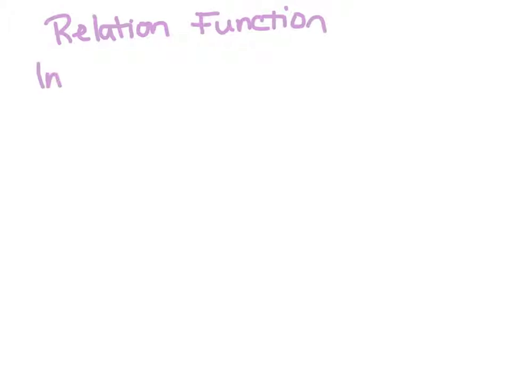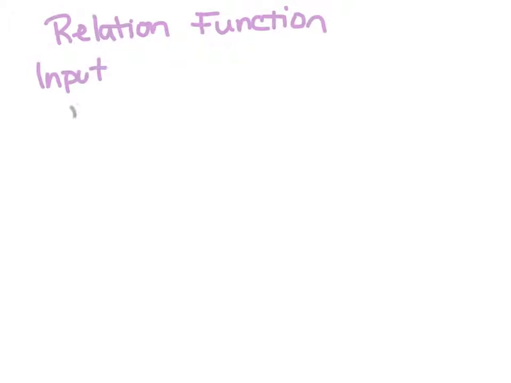Alright, so let's look at how a relation can be a function. Right? So not every relation can be called a function. A function has to have where an input has exactly one output. So let's look at an example here using a mapping diagram.